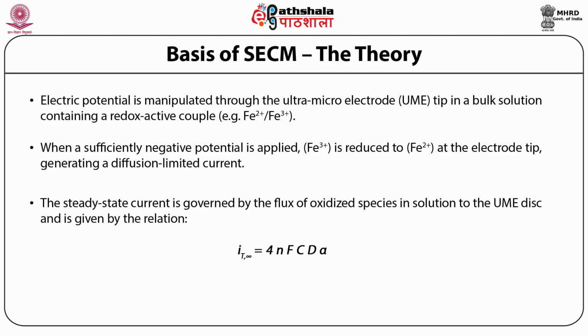The equation is here, where n is the number of electrons transferred at the electrode tip during the redox reaction, F is Faraday's constant, C is the concentration of the oxidized species in the solution, D is the diffusion coefficient, and a is the radius of the UME disk.